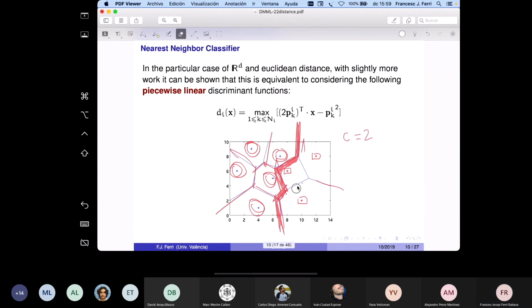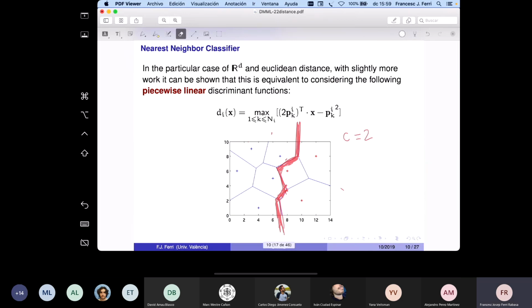So this would be the boundary of the nearest neighbor classifier.